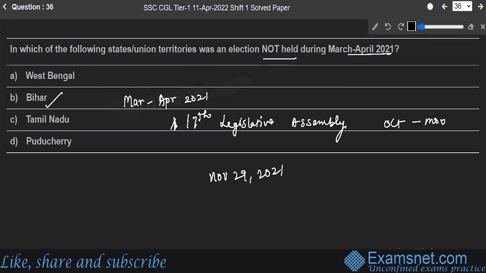And two new Deputy Chief Ministers, Tarkishore Prasad and Renu Devi, were recruited into the new administration. So option B, Bihar, is the correct answer. I hope this information was useful for you. For more information on all these topics, please refer to our PDF.